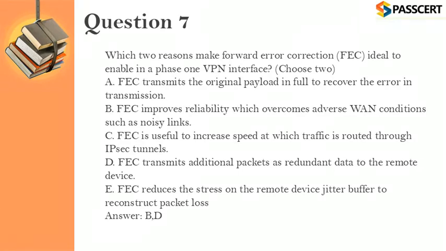C. FEC is useful to increase speed at which traffic is routed through IPsec tunnels. D. FEC transmits additional packets as redundant data to the remote device. E. FEC reduces the stress on the remote device jitter buffer to reconstruct packet loss. Answer: B, D.